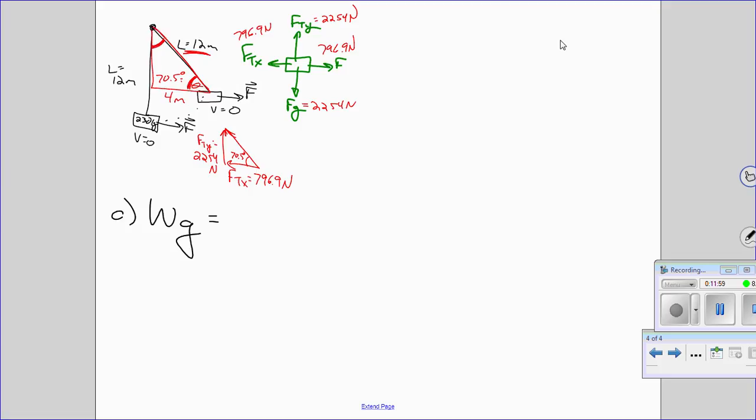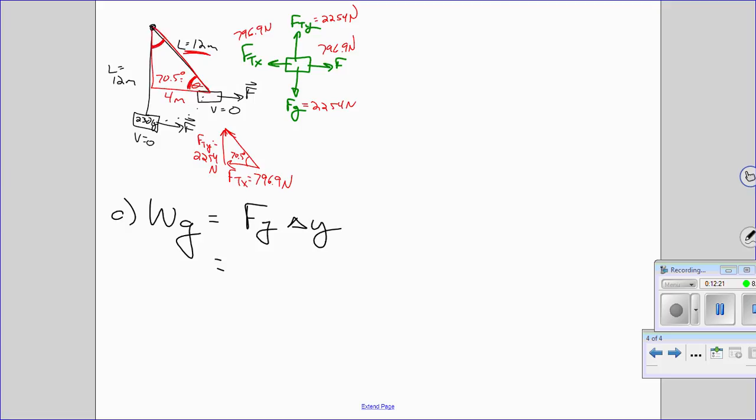Okay, so if you found the total displacement the box took, and then found the angle between that and gravity, would you get the same thing? Yes. Totally.